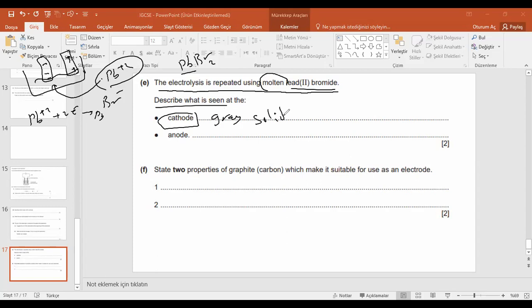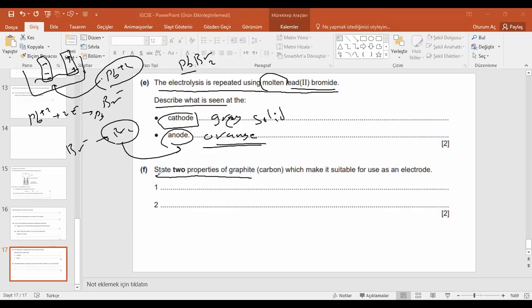This is the lead. On the anode, guys, we know that Br2 has an orange color. Here we're going to see an orange color on the anode, because Br- will become Br2. Br2 will be seen on the anode.